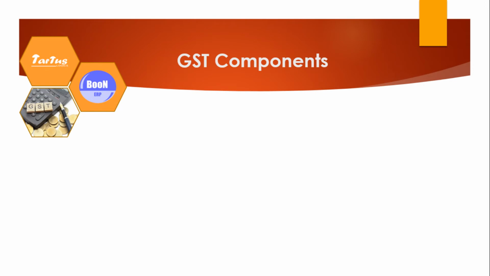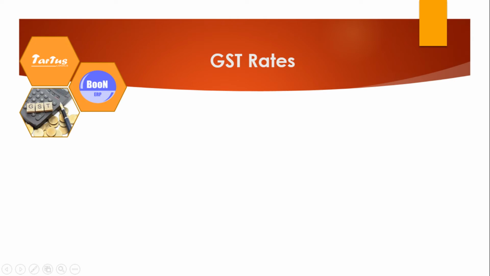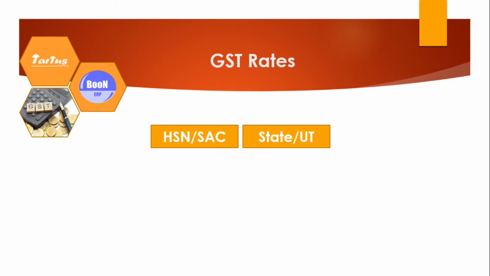Now let us discuss GST components. Components of GST are Central GST or CGST, State GST or SGST, Union Territory GST or UTGST, Integrated GST or IGST, and cess. Coming to GST rates, we define GST rate according to HSN or SAC, State or Union Territory.